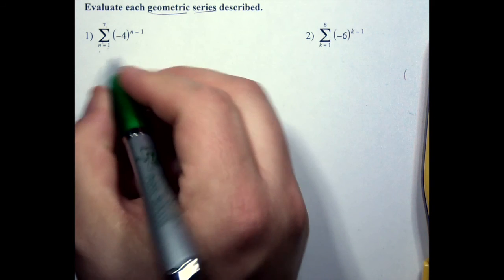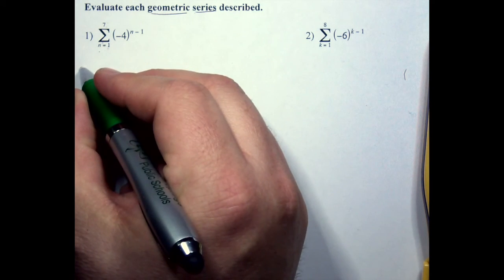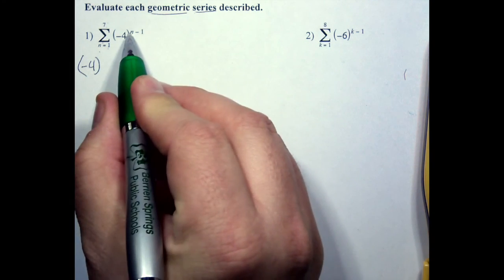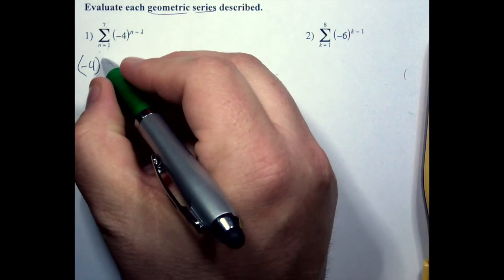Basically, we're going to say negative 4 raised to the n minus 1, going from 1 to 7.